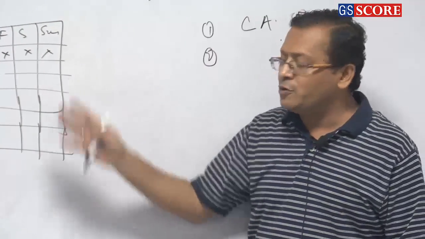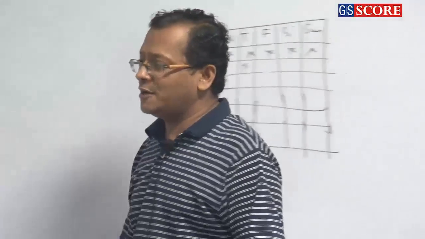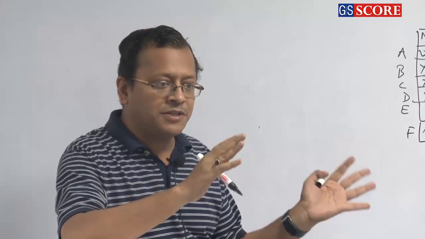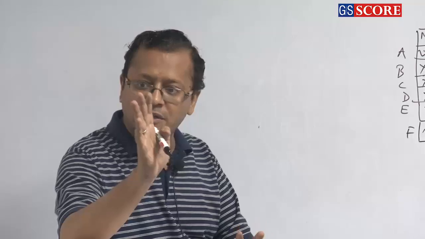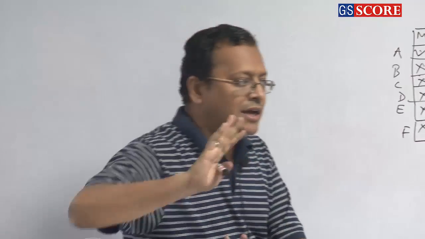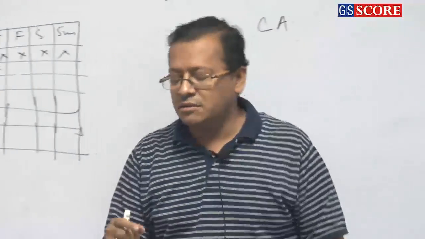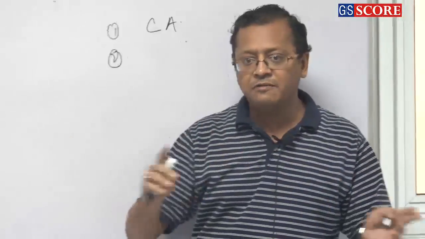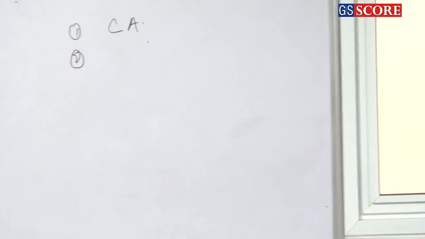A similar question is something like this. At a party, there are six couples, Mr. and Mrs. Sharma, Mr. and Mrs. Gupta and so on, and they do not dance with the same person. The husband and wife are not dancing together.